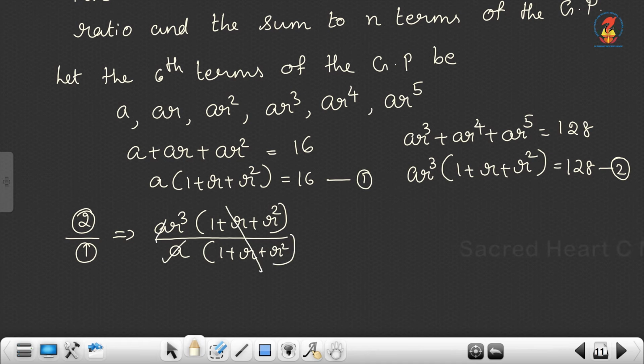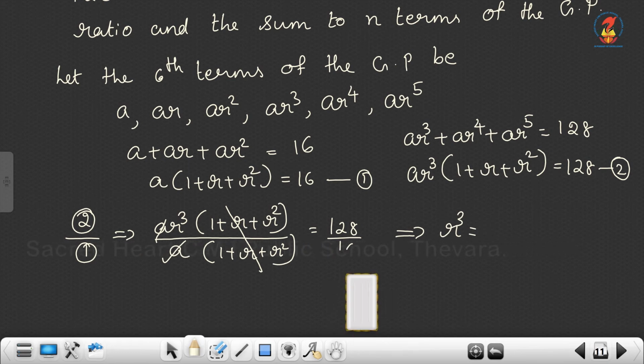Can cancel, A cancels, 128 by 16, which implies R³ is equal to 8. So, R³ is equal to 8, which implies R is equal to 2.